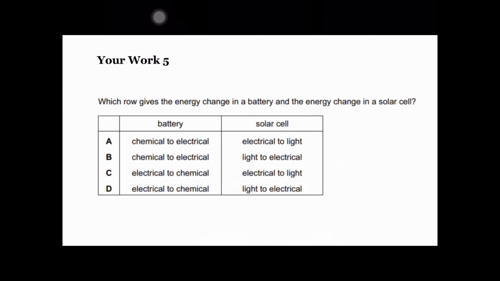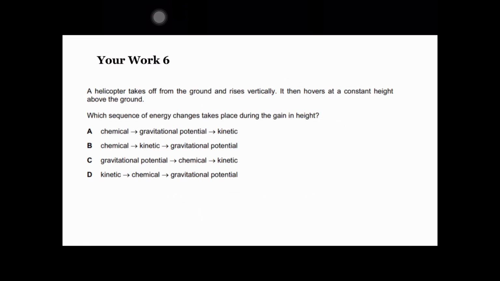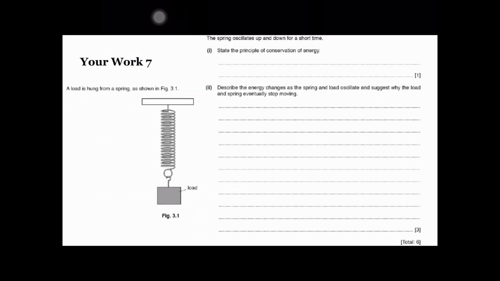Number 5, which row gives the energy change in a battery and the energy change in a solar cell? Number 6, a helicopter takes off from the ground and rises vertically. It then hovers at a constant height above the ground. Which sequence of energy change takes place during the gain in height? And work number 7 again is about a spring.